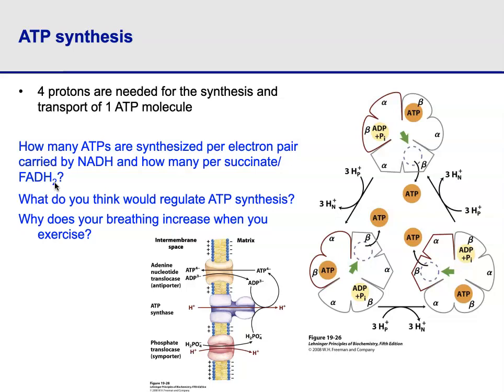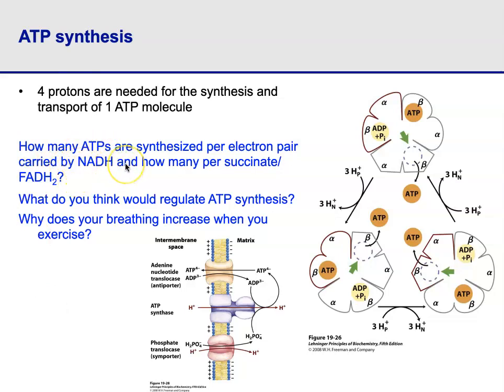Now you've remembered up to this point, you've memorized it, that for every electron pair carried by NADH, there are 2.5 molecules of ATP synthesized, and for every electron pair carried by FADH2, given directly or through complex 2 to Q, we synthesize 1.5 molecules of ATP. Now you know why that is the case. We need 4 protons for 1 ATP molecule to be synthesized and transported outside the mitochondria.